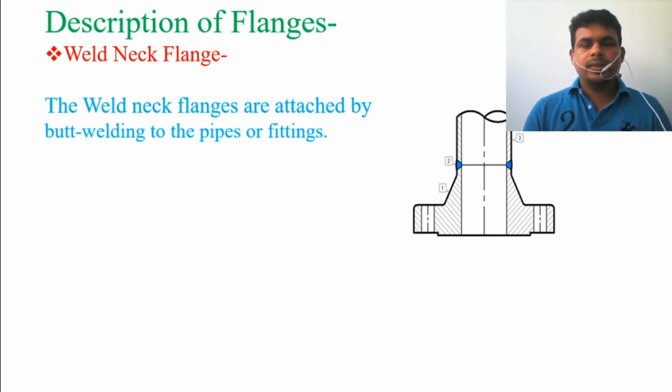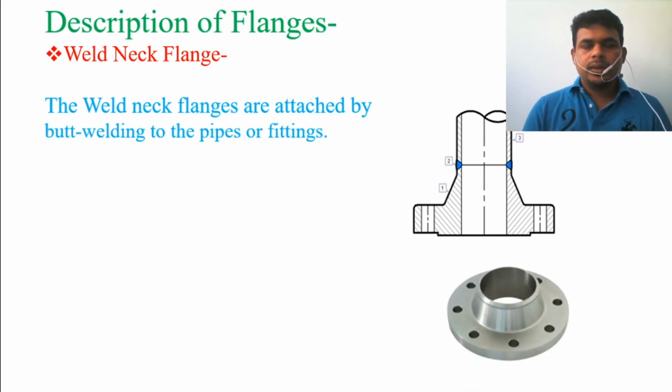You can see from the right-side picture, this is the weld hub, then this is connected with the pipe. Let's see what numbers 1, 2 and 3 describe. Number 1 is the weld neck flange.